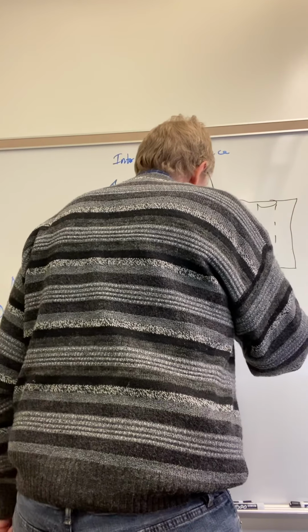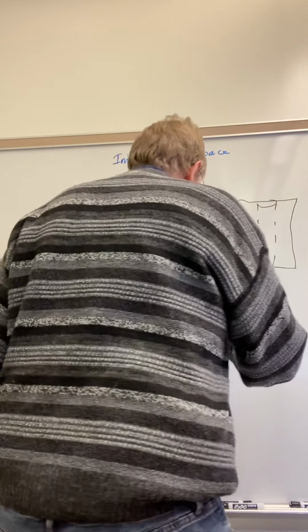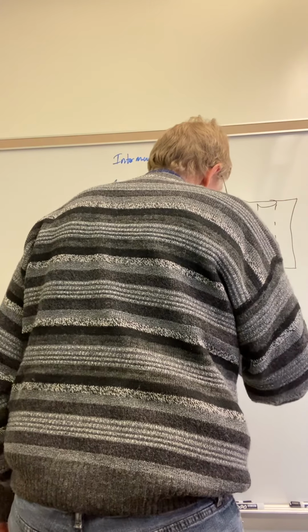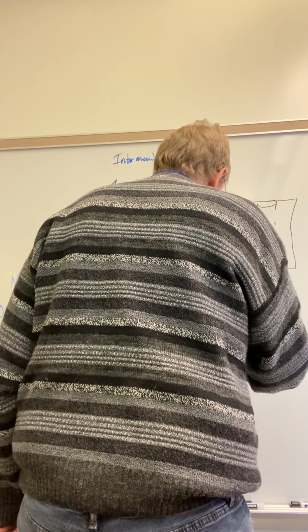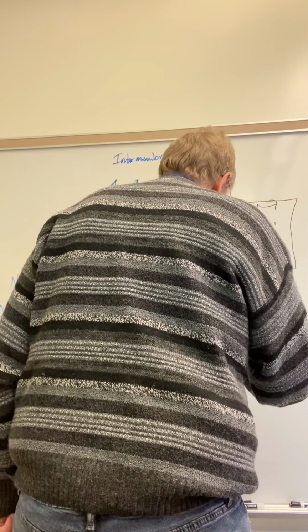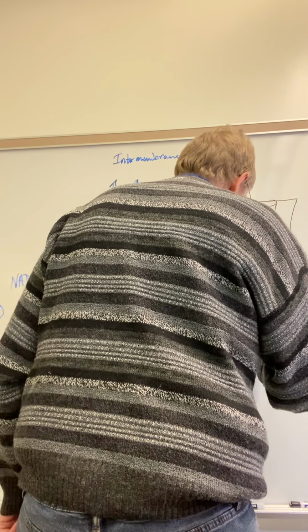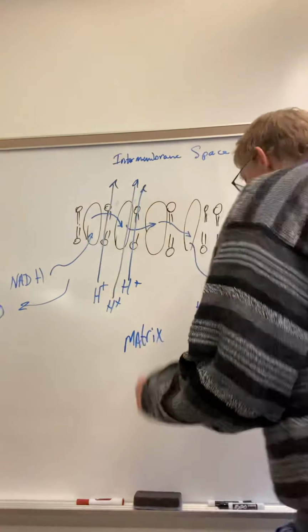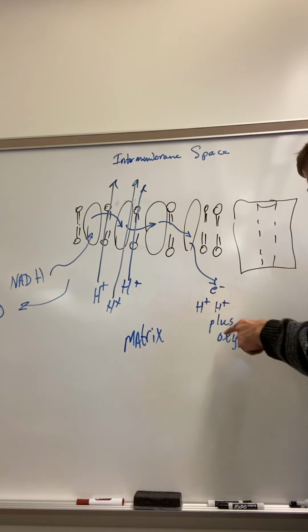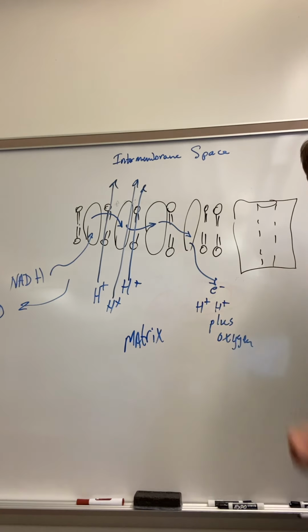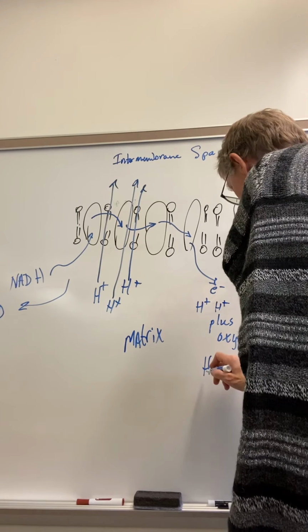And what does it do? It combines with hydrogen ions plus oxygen, and you're going to make water. So if you have electrons, hydrogen ions, and oxygen, you're going to make water.